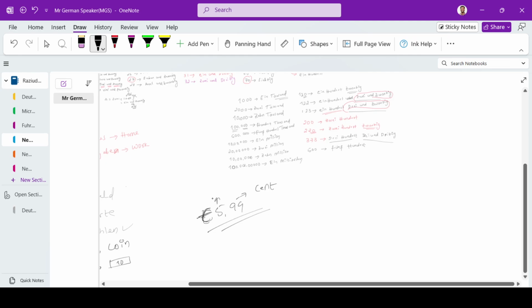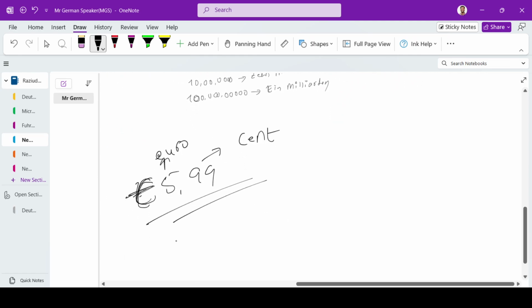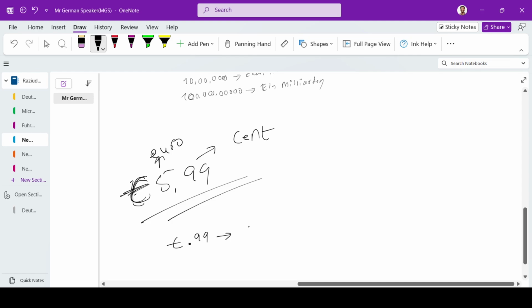So it's 5 euro 99 cent, right? But some of the products could also be written with just a dot and 99, which means 99 cent. We write it as neun und neunzig.